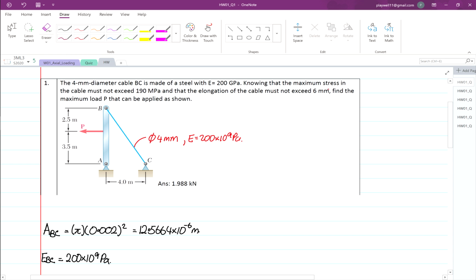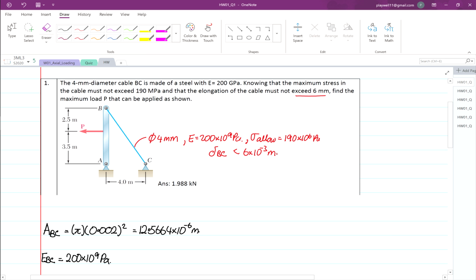Knowing that the maximum stress in the cable, the allowable stress, is equal to 190 times 10 to the power 6 Pascal, and that the elongation must not exceed 6 millimeters, so the deflection of BC must be less than 6 times 10 to the power minus 3 meters. Find the maximum load P that can be applied.